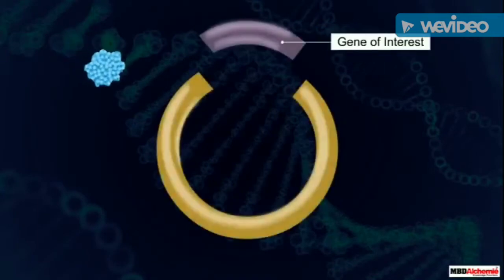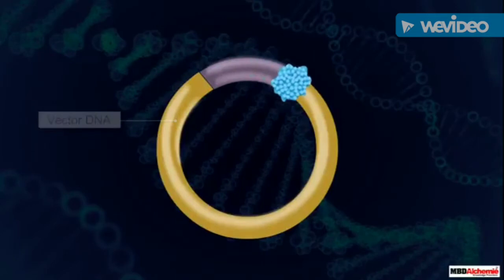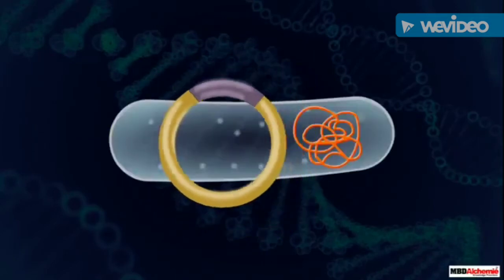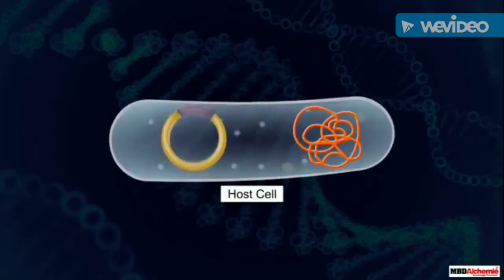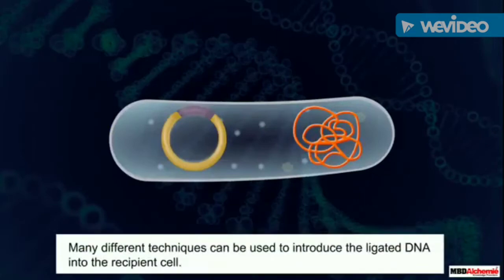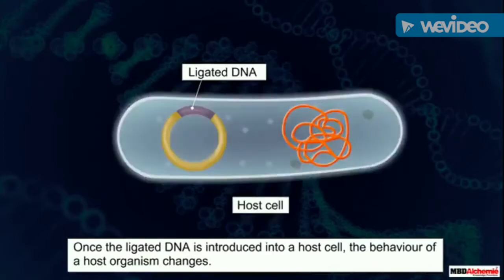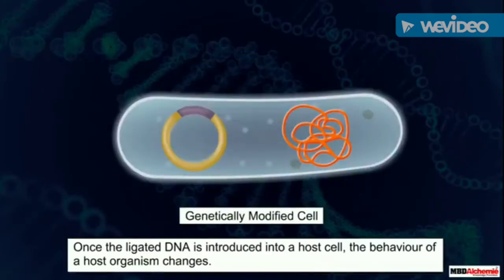Once the gene of interest is amplified, it is ligated with a vector. This in turn is inserted into a host cell for further cloning. Many different techniques can be used to introduce the ligated DNA into the recipient cell. Once the ligated DNA is introduced into the host cell, the host organism becomes genetically modified.